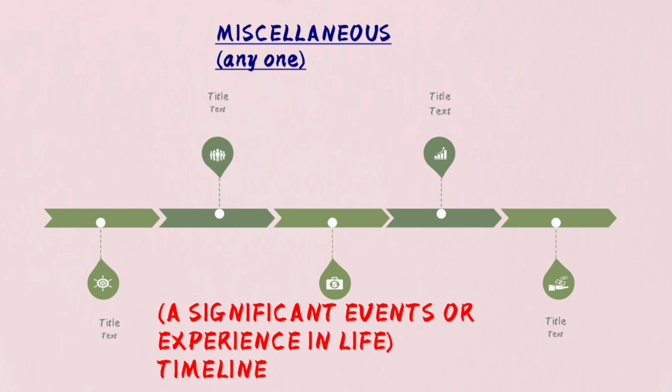Like when I was born on 8th of October, there may be a picture of my childhood. I can stitch my childhood picture there, and when I entered school for the first time, maybe I have a picture. I can stitch that picture there with the name of the school and the year.